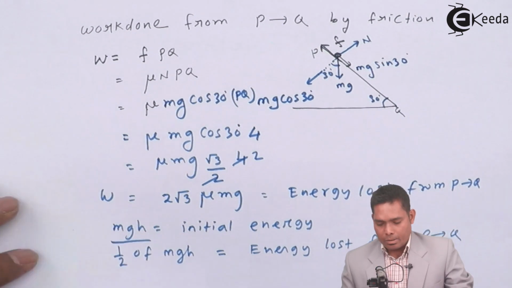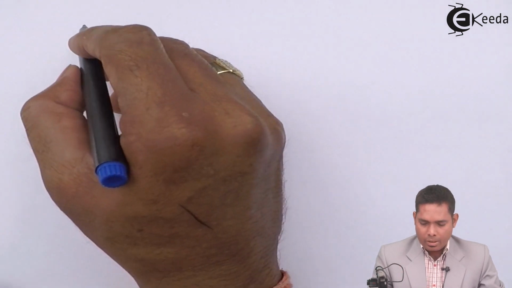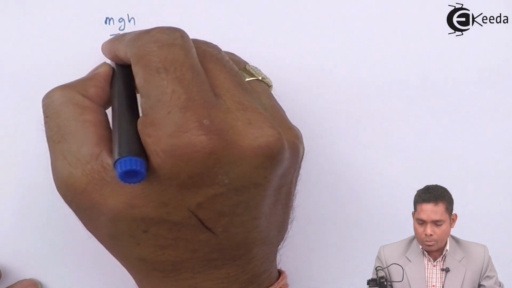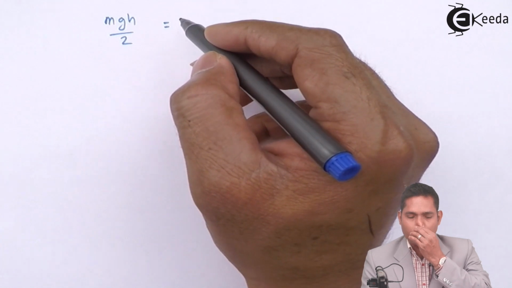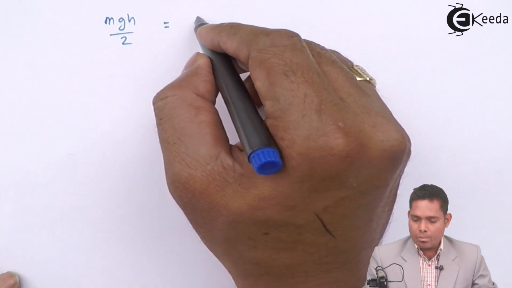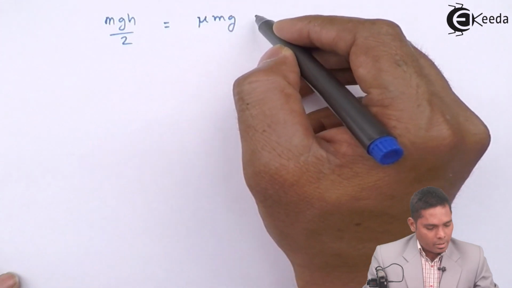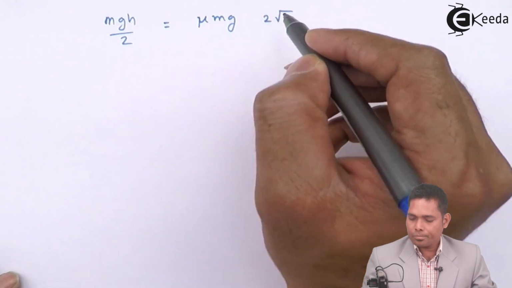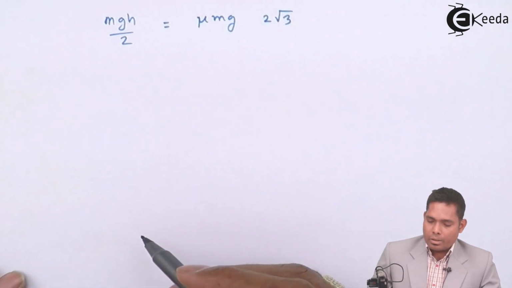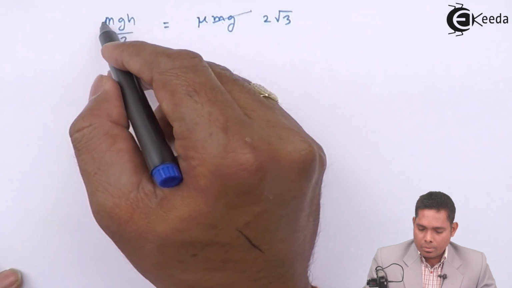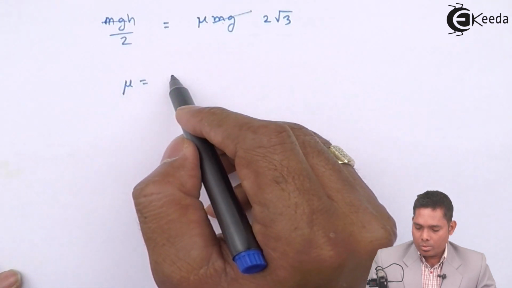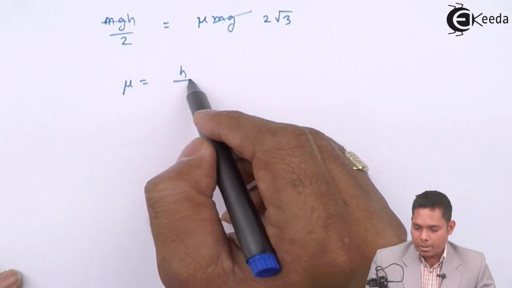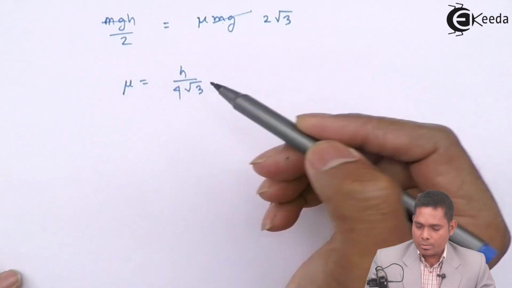If I do that, then out of the total energy, half is lost in the form of work done by friction, which I got as 2 root 3 mu mg. Then mg and mg will cancel out. Here mu equals h divided by 4 root 3.